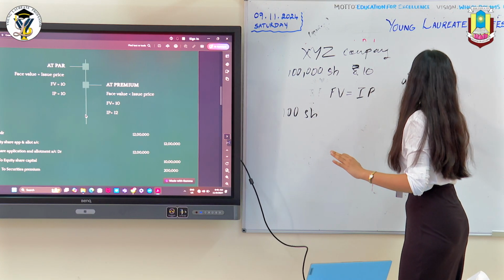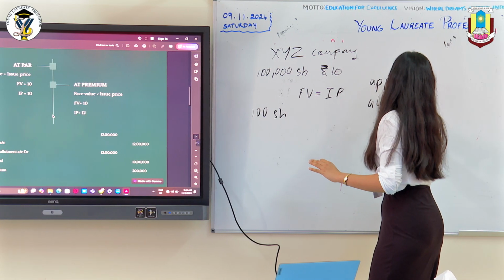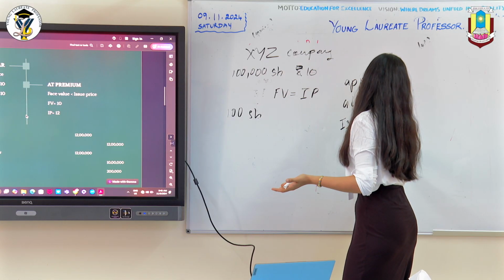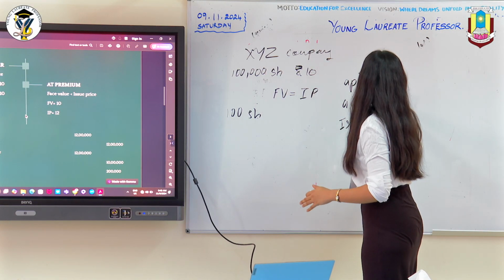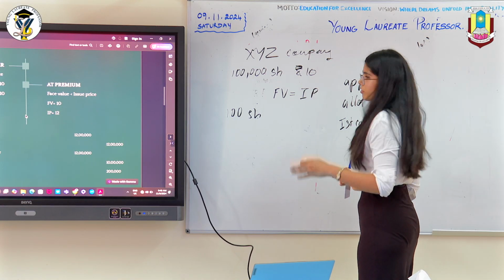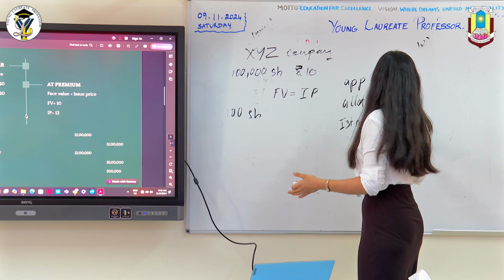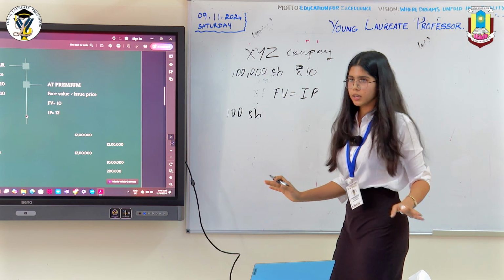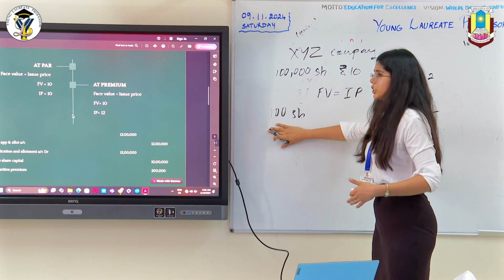So there are 3 stages: application, allotment and first call. Let's say this is the first and final call. This company wants you to pay 2 rupees for application, 3 rupees for allotment and 5 rupees in the first and final call. So in total you are paying 10 rupees, but you are paying it in installments. So say Jabir had applied for 100 shares.